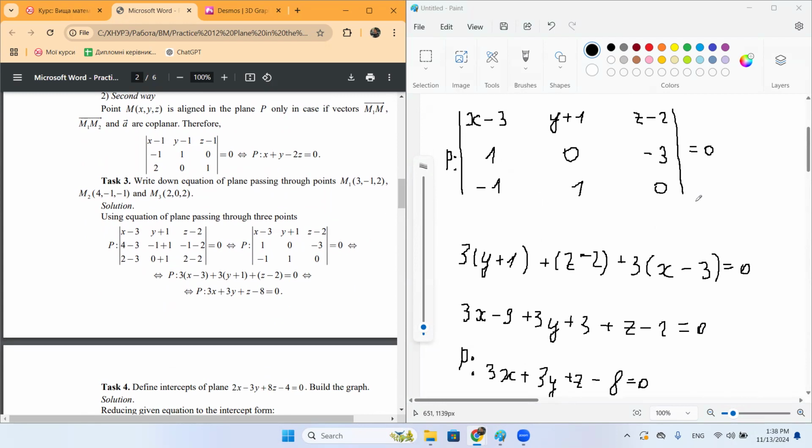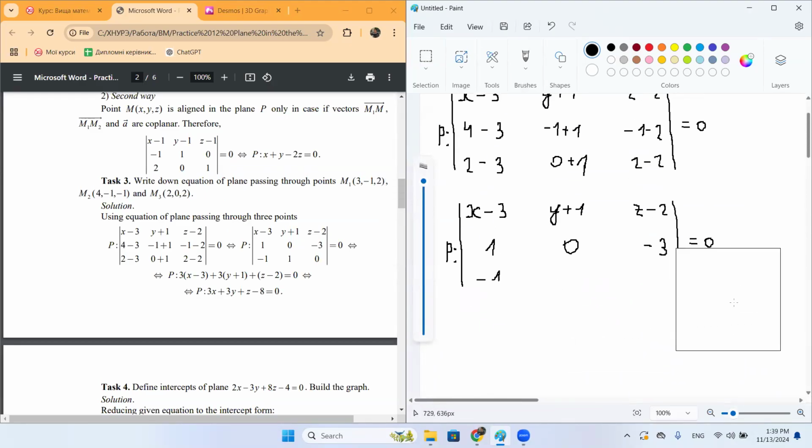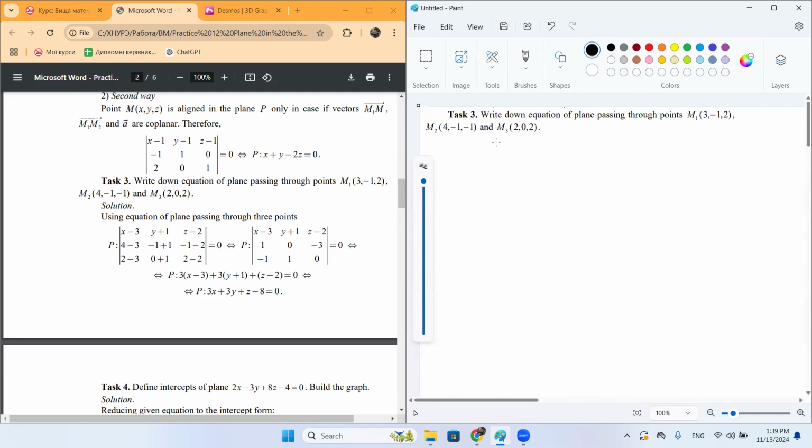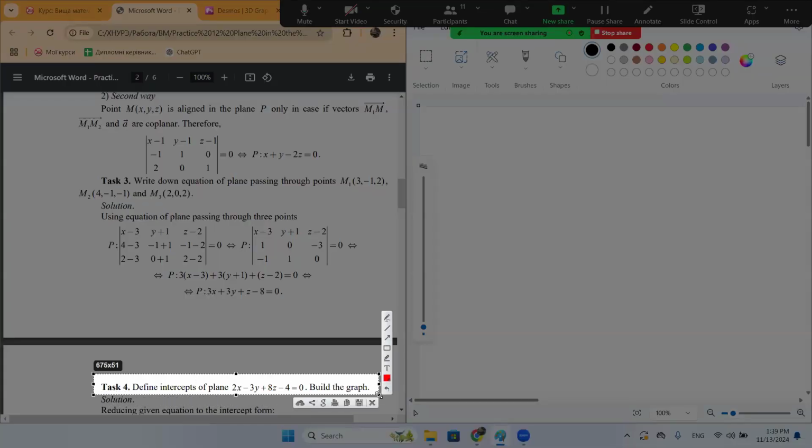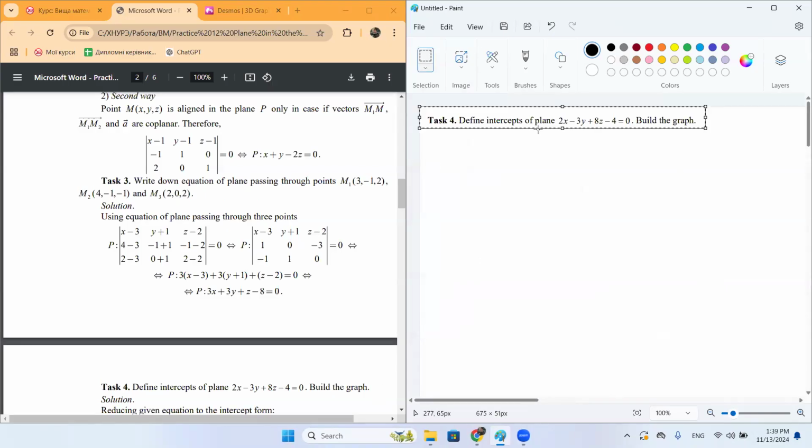So basically, as for me, it's the easiest case of the plane, when we have only 3 points, but of course, with the calculation of the determinant. So maybe the easiest task of finding the normal vector and the plane.